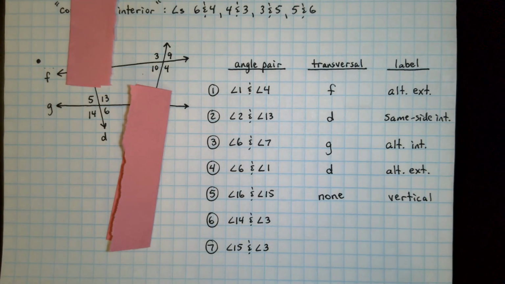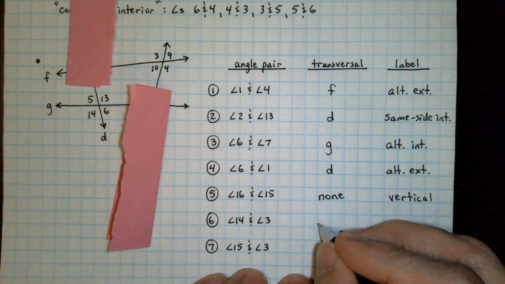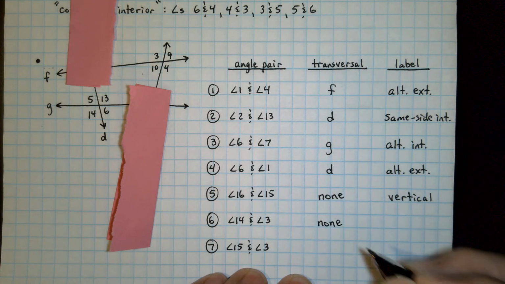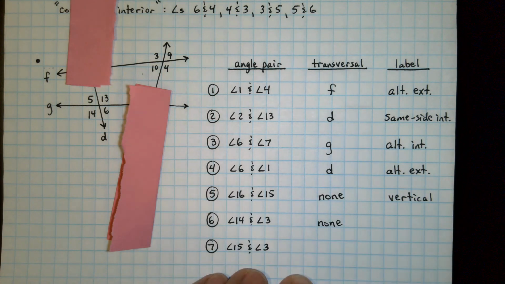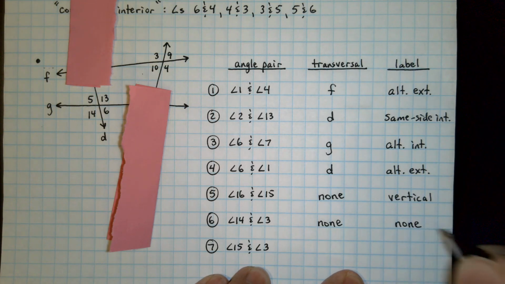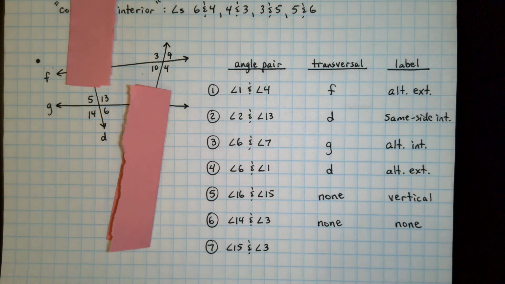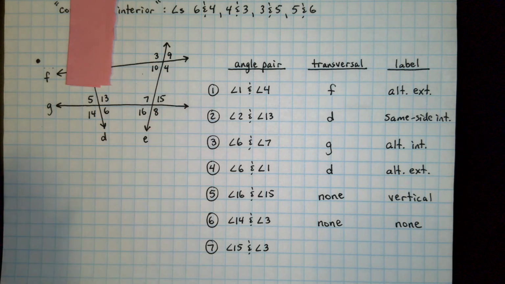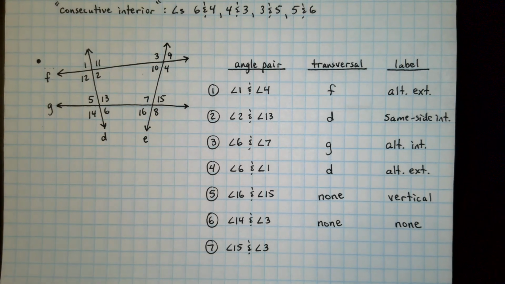We actually used 4 different lines, so there's no transversal in this case. But since they're in different groups without a transversal, we don't have a special label to give them either, so there's no label.